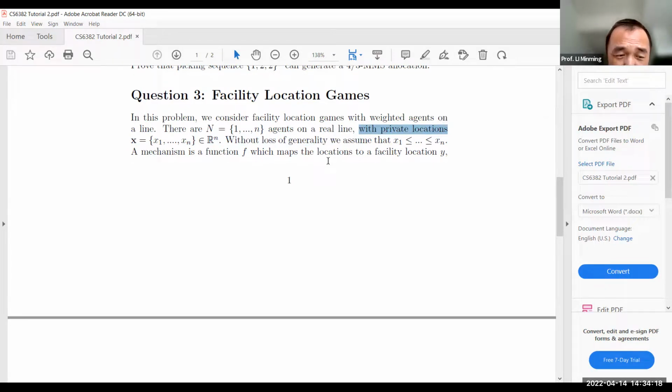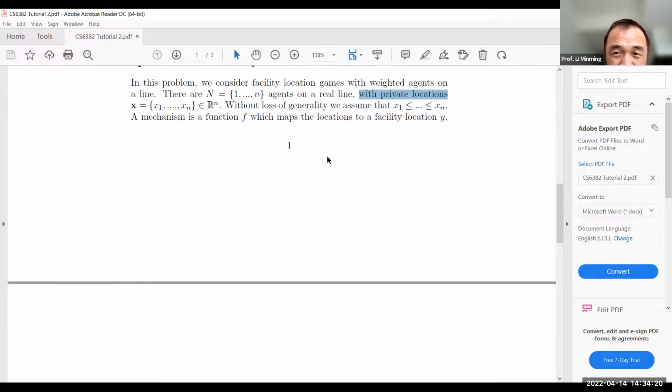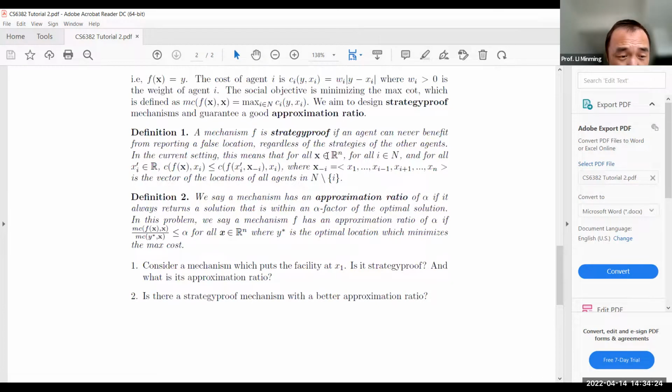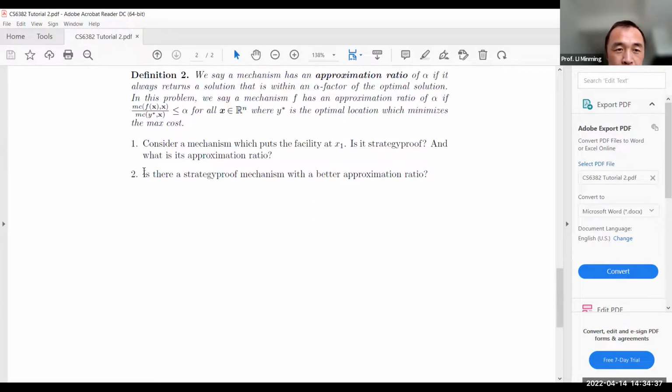It's only private locations, okay? Which means weight is public, but the results in the slide I showed today are about private weights, okay? So now, therefore, the answer to this question is not no, okay? It might be yes. All right.